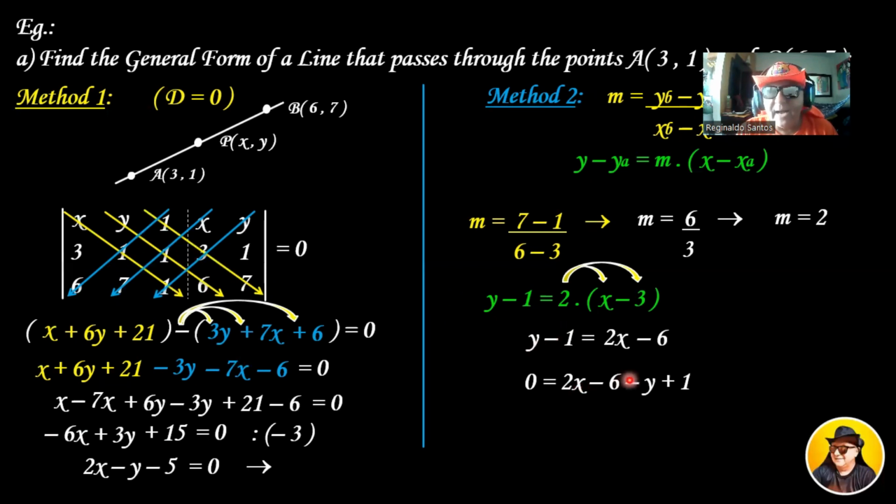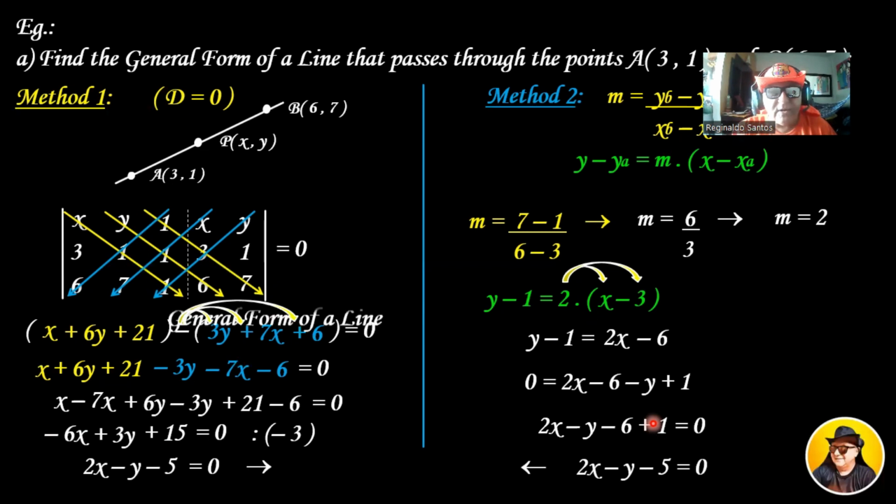All right, now let's rotate the equation like this, and now we have 2x minus y minus 6 plus 1 equals to 0. Let's operate this. Minus 6 plus 1 is minus 5. So our equation now is 2x minus y minus 5 equals to 0.